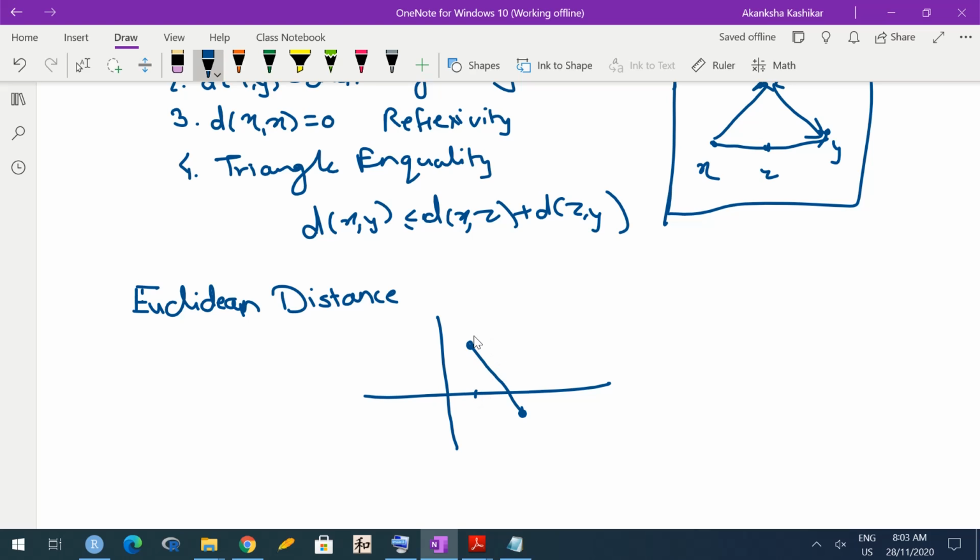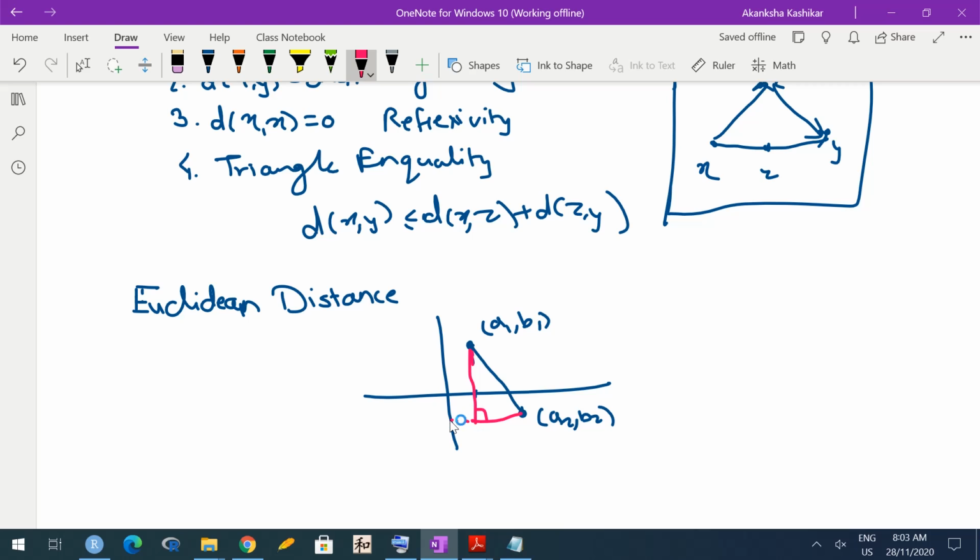Suppose the coordinates of these are a1, b1 and these are a2, b2. Then this straight line distance, how can I compute? I can first join these points by a triangle. Okay, this is a right angle triangle.